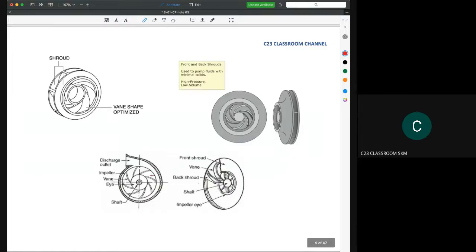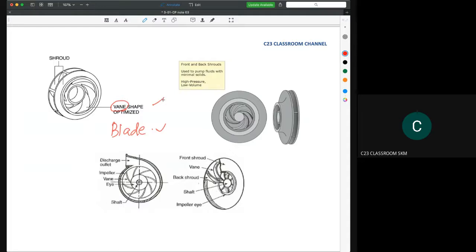This is, as I said previously, the idea of the shroud and the vanes. In certain textbooks they use the word vane, and in certain textbooks they use the word blade. We will see this later on.